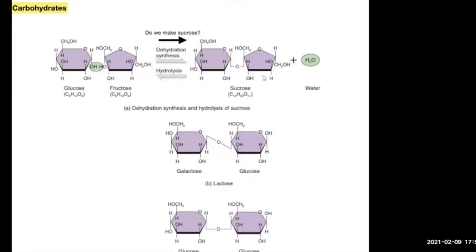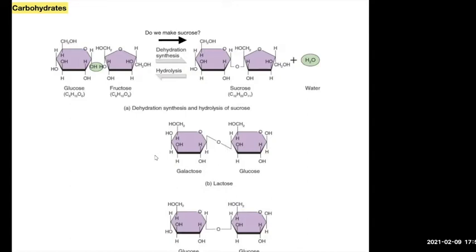We eat sugar, a tablespoon of sugar, it goes through the digestive system, and somewhere in there we're going to break those bonds apart to make glucose in this case, and fructose, if we're eating sucrose. So those will be our monomers here, the monosaccharides coming from a disaccharide. And there are a couple of other disaccharides here.